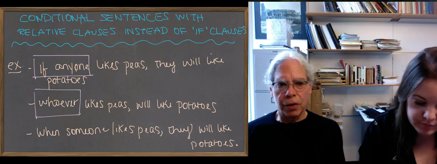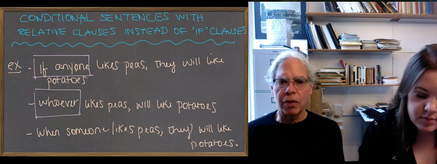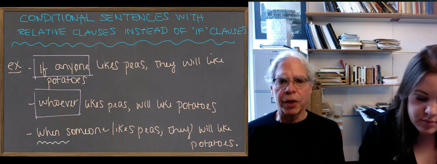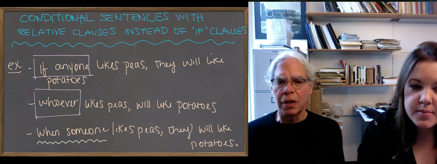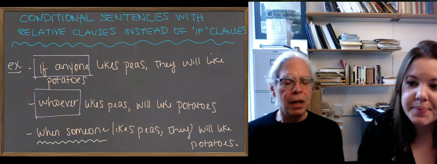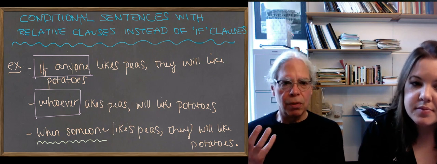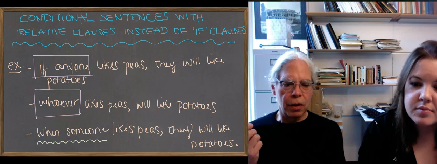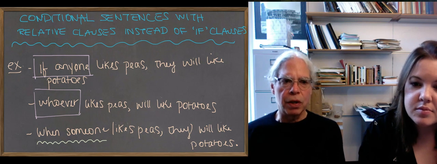We're also going to learn later on that you can have conjunctions like when that function like if. So when someone likes peas, they will like potatoes. That certainly looks a lot like an if clause, right? So we can see and feel the similarity between these three things.